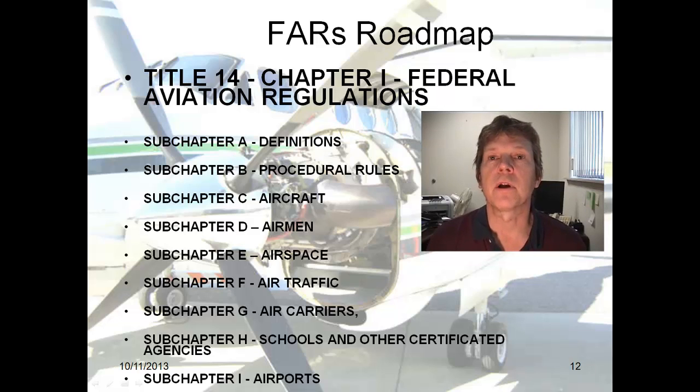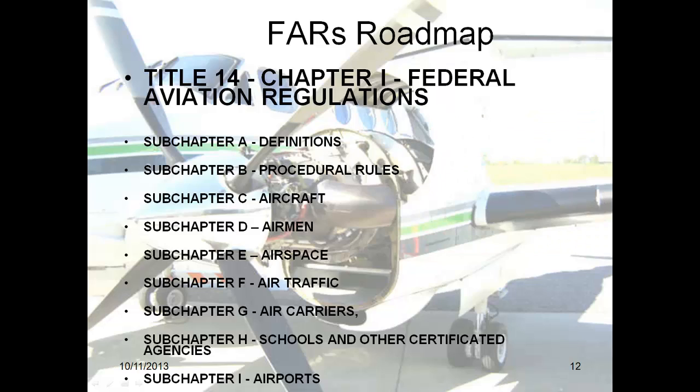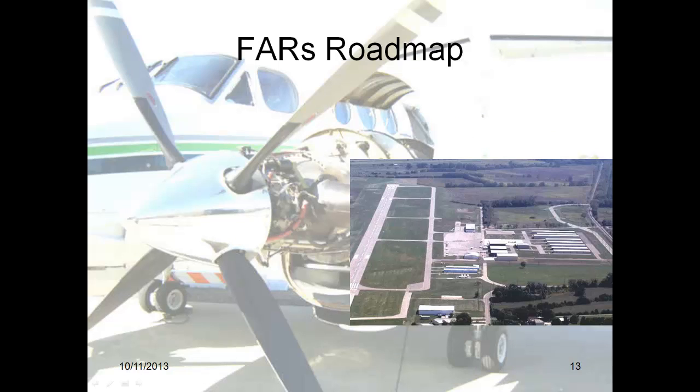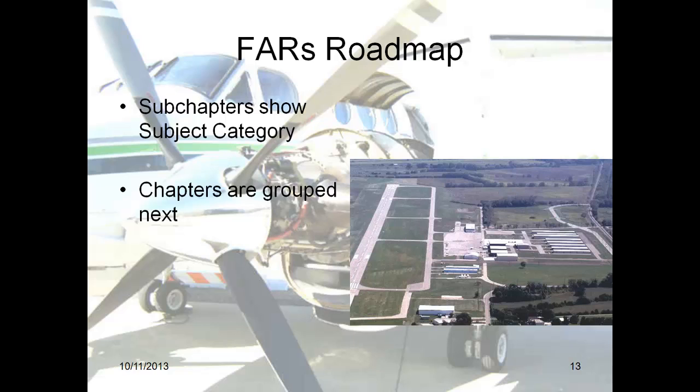What we're looking at on this slide is that the regulations are logically grouped into sections. So you have chapters, then subchapters, and you also have parts and subparts. We'll see this over and over again.